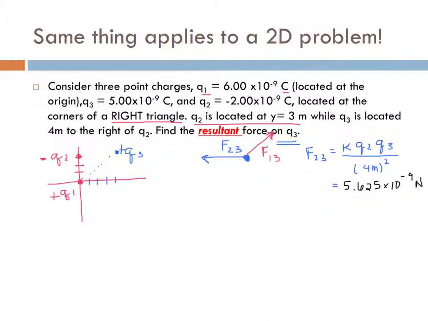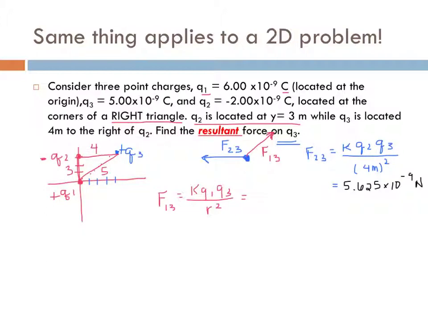So to find the magnitude of that force, we're going to do K Q1 Q3, all over R squared. Now R in this case, if this is a right triangle of sides 3 and 4, this must be 5.